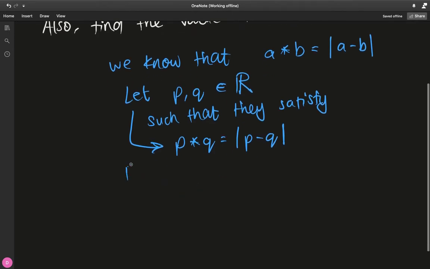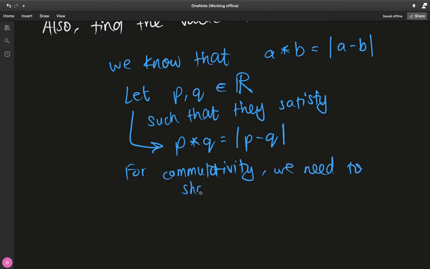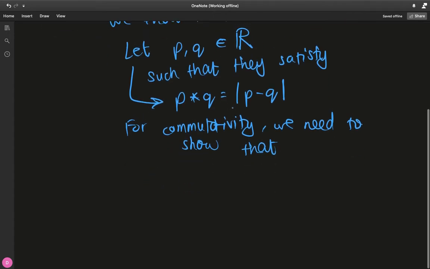So for commutativity, we need to show that, well, P asterisk Q we know satisfies this binary operation, but for commutativity we need to show that P asterisk Q is the same thing as Q asterisk P. So we know that our left hand side holds true.